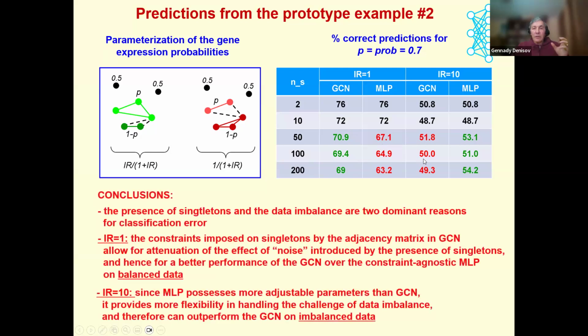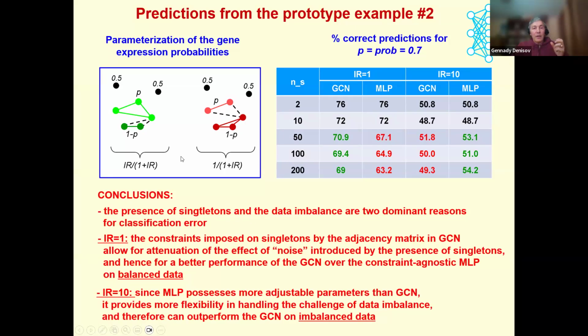And I explain it in the following way. First, if data are balanced, the graph structure of data imposes certain constraints on the data. For example, the singletons are not connected to all other genes. And singletons, to a first approximation, can be regarded as noise. So in general, the more singletons we have, the more noisy the data are and the worse the predictions will be. And you can see that from the table.